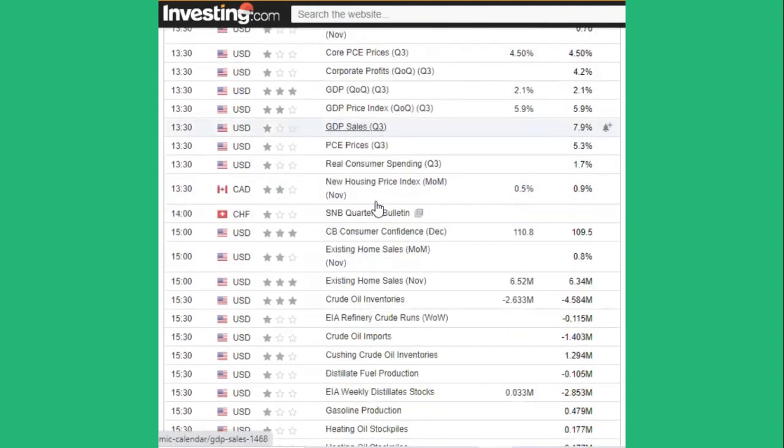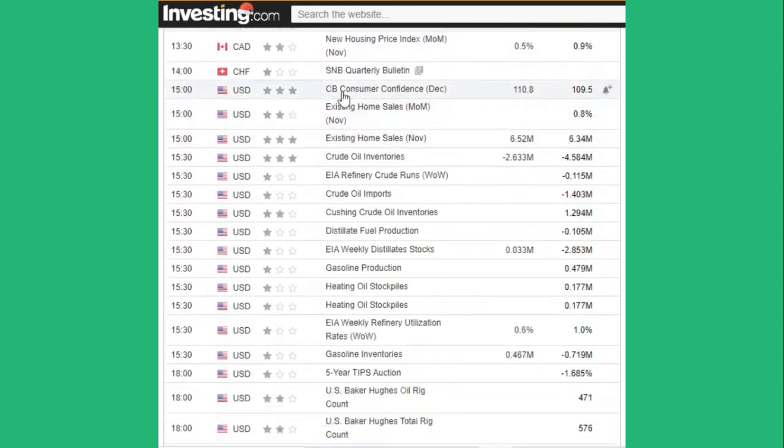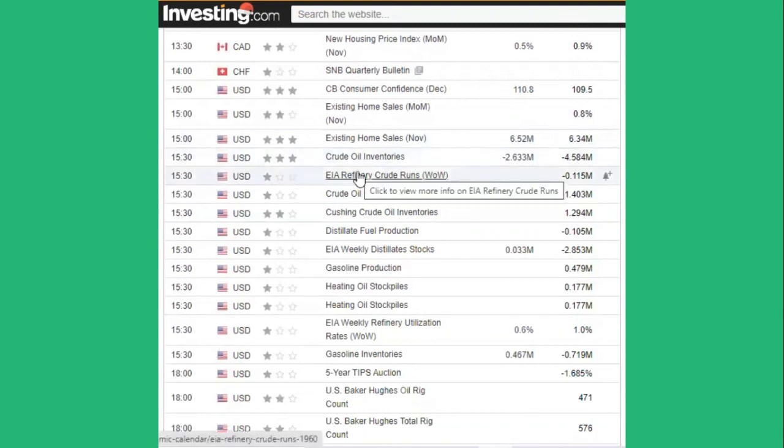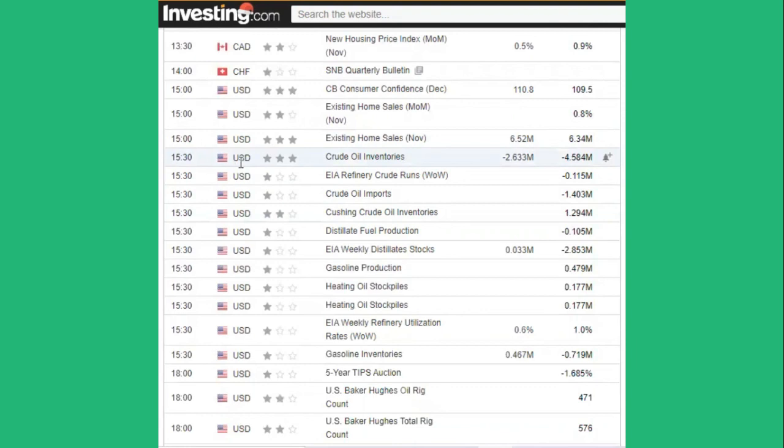If we carry on down at 3 o'clock, we've got consumer confidence coming out of the US, another 3-star rating. At the same time, we've got existing home sales also coming out of the US. And then at 3:30 GMT, we've got oil figures. So this will affect the US dollar, as you can see here, but as I've mentioned many times before, it will also affect the Canadian dollar because oil and the Canadian dollar are heavily correlated.